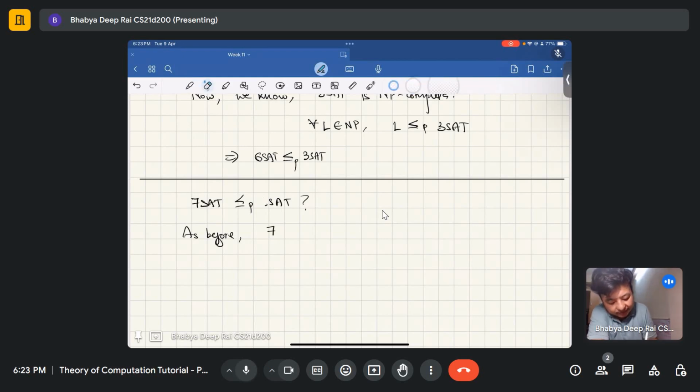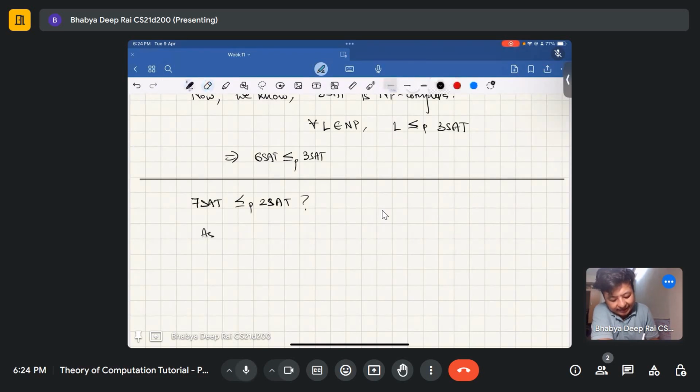The question says 2 sat. 7 sat reduces to 2 sat. Okay. So this is slightly different.